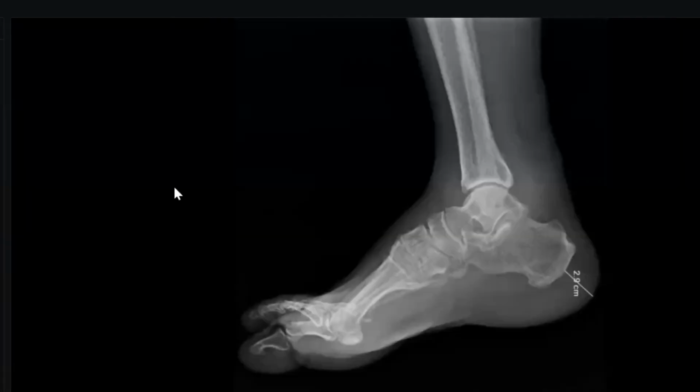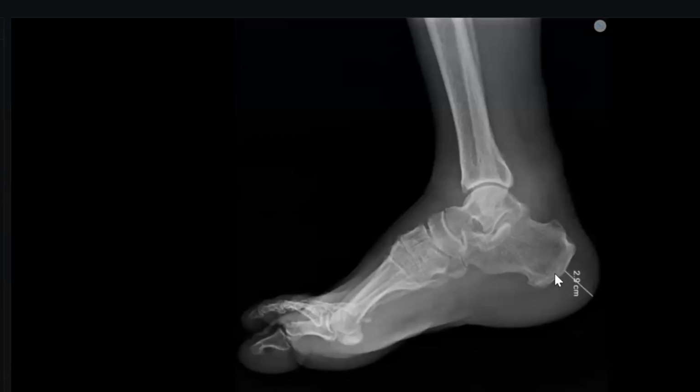Okay, so this is an X-ray lateral view of the foot, showing reduced talocalcaneal joint space. This looks like a talocalcaneal coalition with a C-shaped configuration, and it's a high arch.